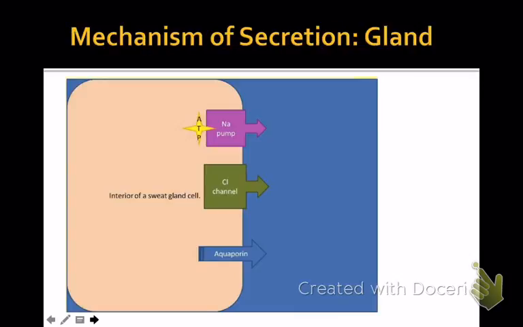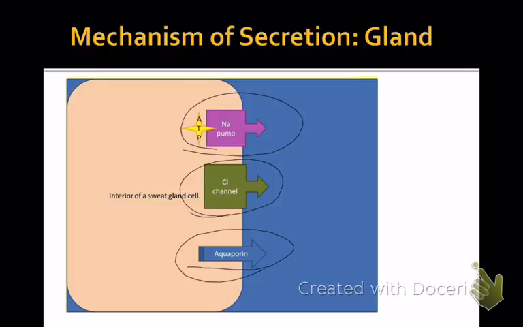All right, so here is an extreme close-up of a single cell. And in this cell, what you see is an aquaporin, a chloride channel, and a sodium pump. Okay, so what do you know at this point? Cells on the left, the duct or the lumen, the hollow interior of the gland is on the right.